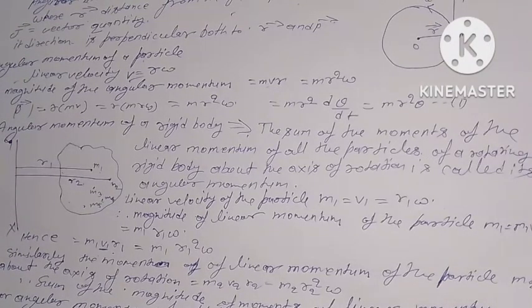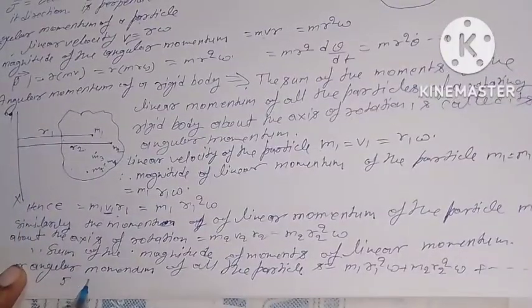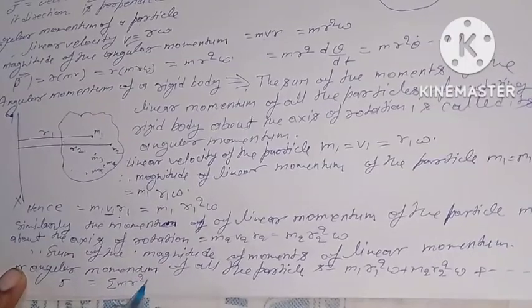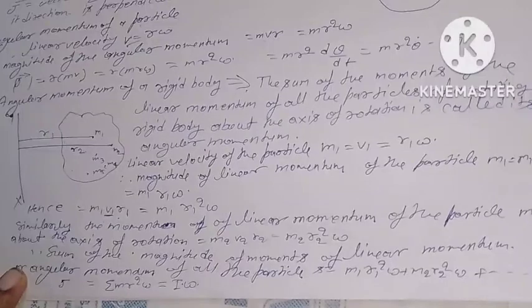So angular momentum J equals sigma m r square omega, equal to I omega.